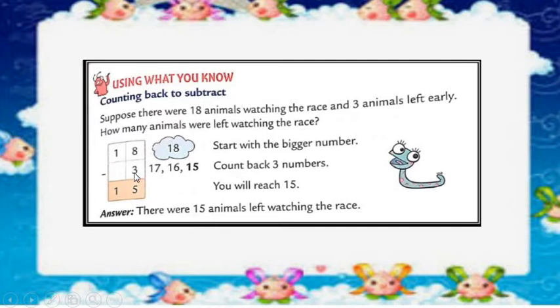18 minus 3. Start with the bigger number. 18 is the bigger number, so first of all keep number 18 in your mind. Count back 3 numbers. Make backward counting before 18, 3 steps: 17, 16, 15.